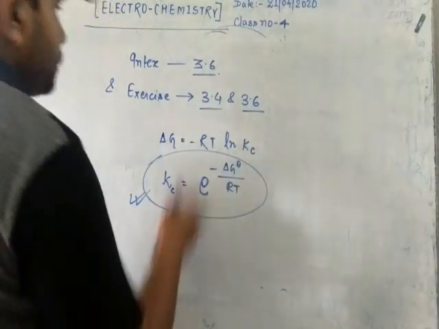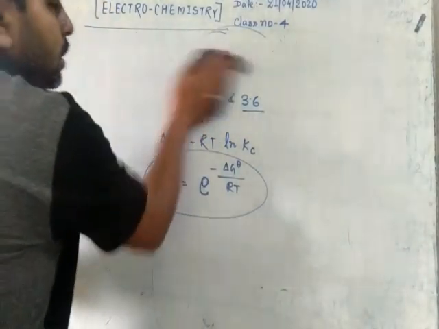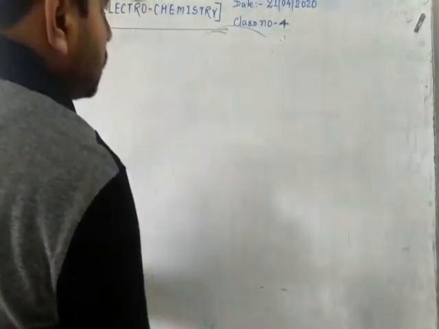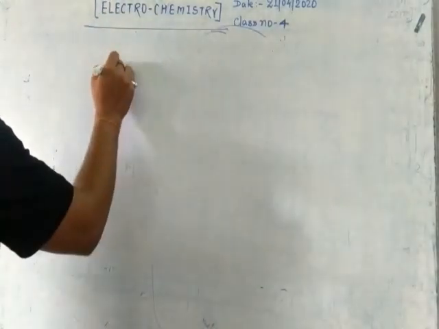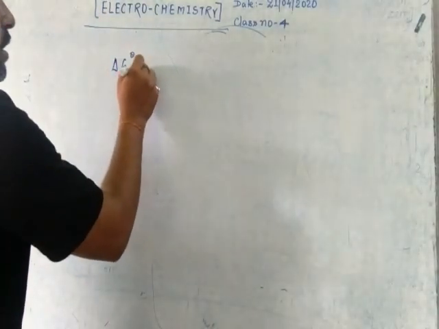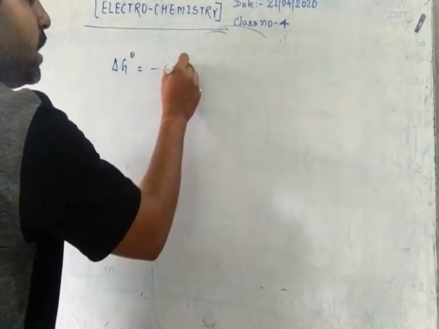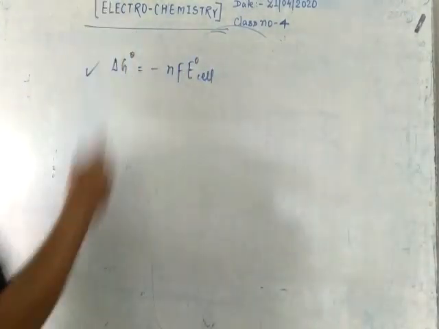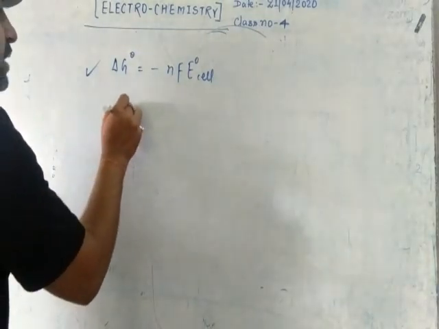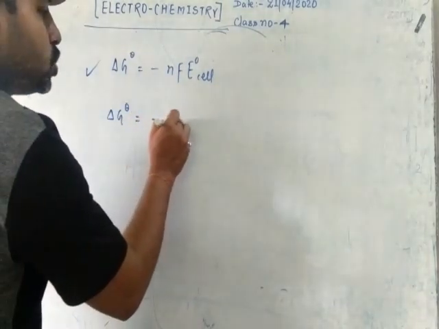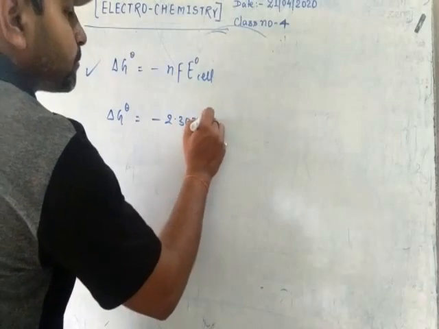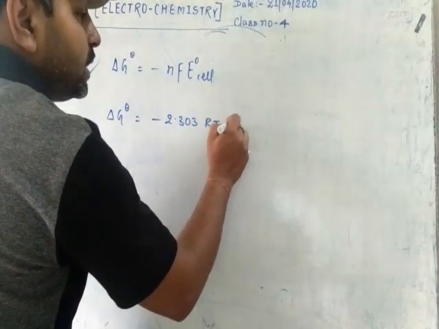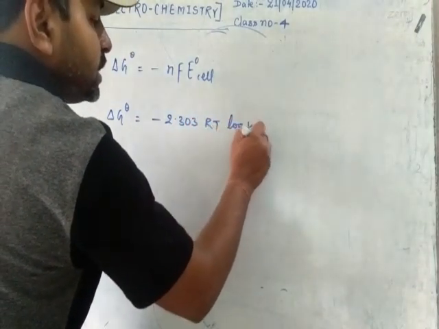So the formulas are as follows. Del G standard equals minus nFE0 cell is the first formula. The second formula is del G standard equals minus 2.303 RT log Kc.